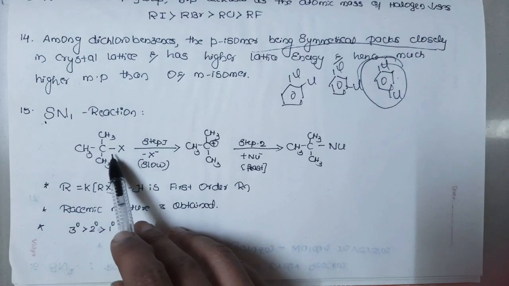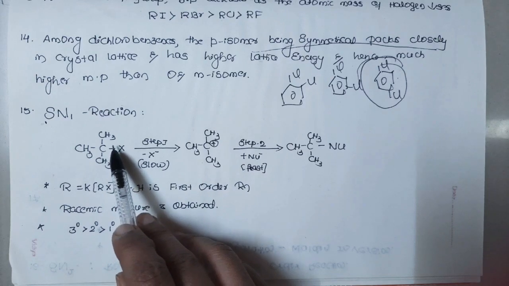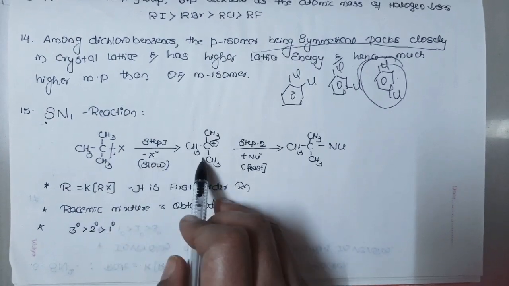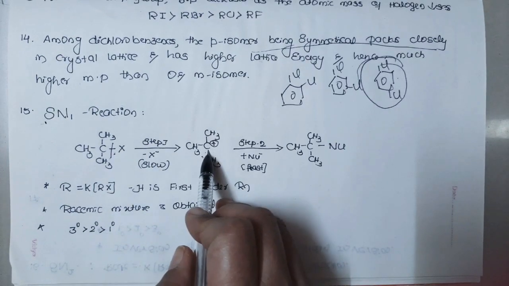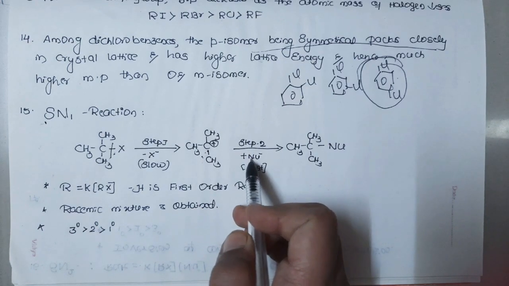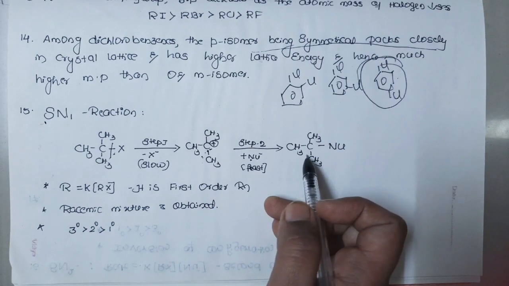We have a tertiary alkyl halide. Here the breaking of the C-X bond takes place, which leads to the formation of a carbocation. That carbocation gets attacked by the nucleophile, which is called nucleophilic substitution, and forms a stable compound.